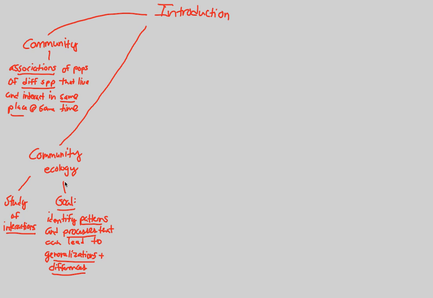A big, huge component of this study is the idea of looking at a resource. A resource is a huge idea because this is going to be a big point of interaction between different species and different populations living in the same place at the same time. Resources drive community ecology. We can define a resource as the following.